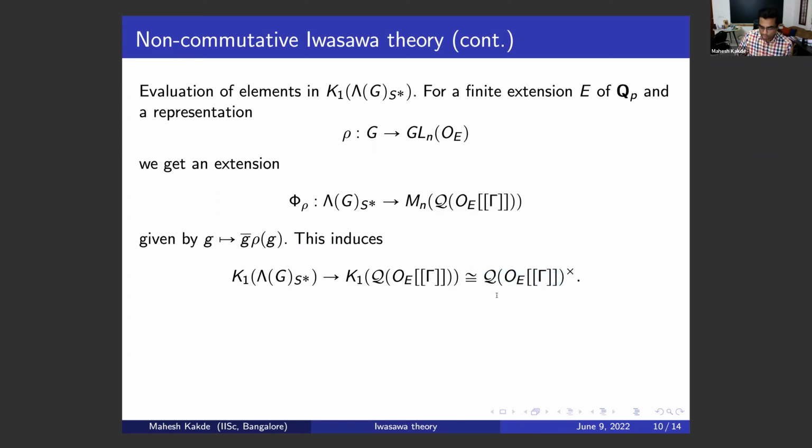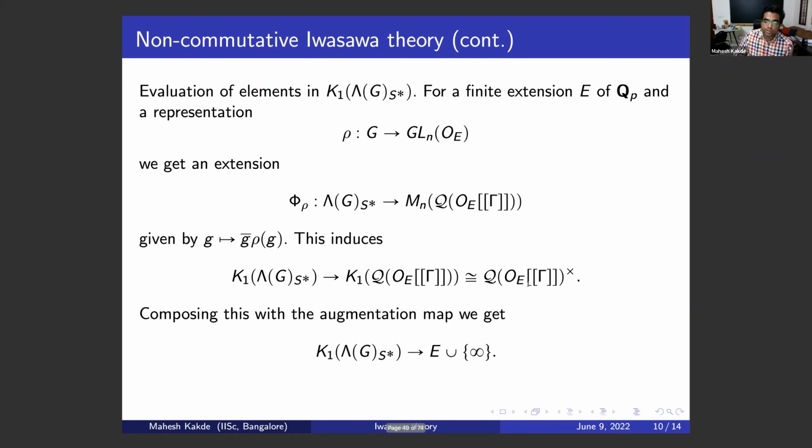So you get this map, and now you can compose it with the augmentation map. Sometimes the augmentation map will not be defined, so you get infinity sometimes. Elements of K1 of Lambda(G)_S-star can of course have poles, but at least it's all well defined that you get a map like this. So from elements in K1 of Lambda(G)_S-star, you can actually get numbers out.